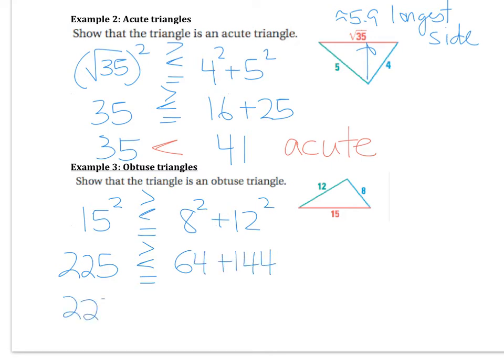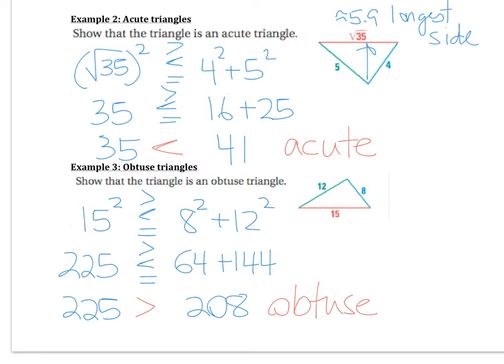So 225, and this added together is what? 208. So what symbol is going to go in there? A greater than. And so this is obtuse.